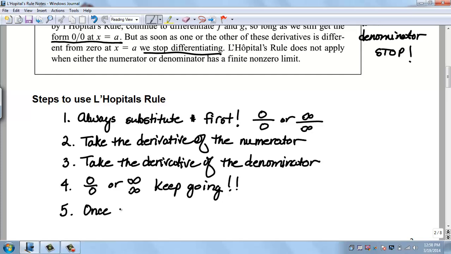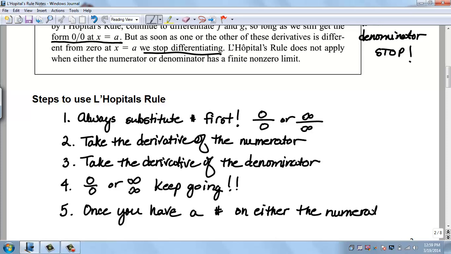Once you have a number, and I'm talking not 0, a non-zero number, on either the numerator or denominator, stop. So if this happens, actually it won't happen that way. It'll be more like you'll get a number down here and something up here, then you just stop. Okay?